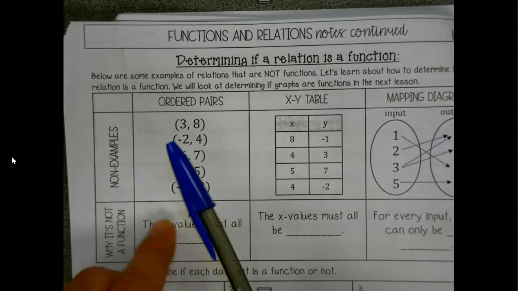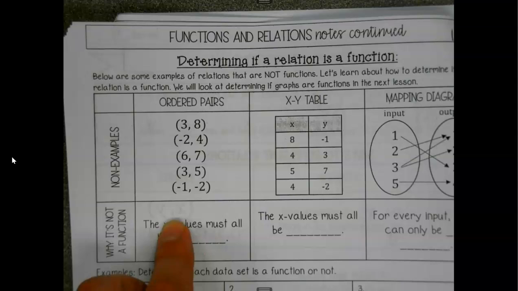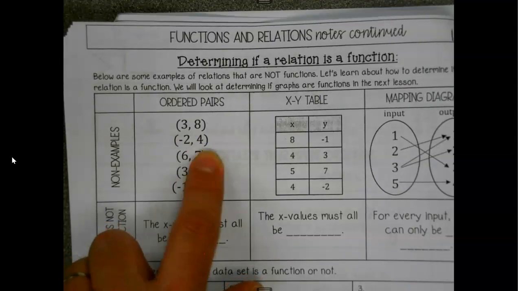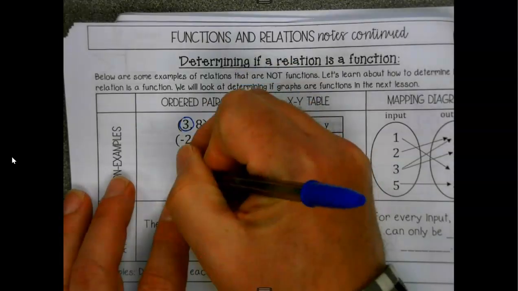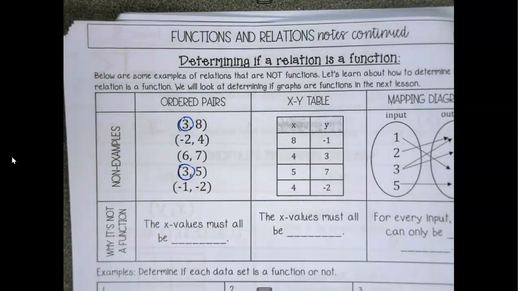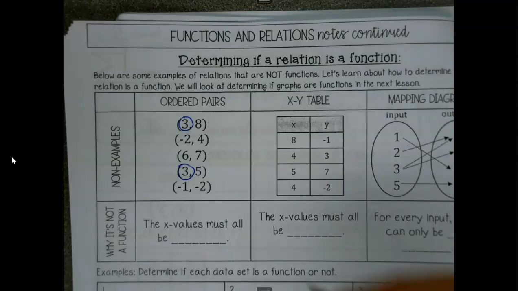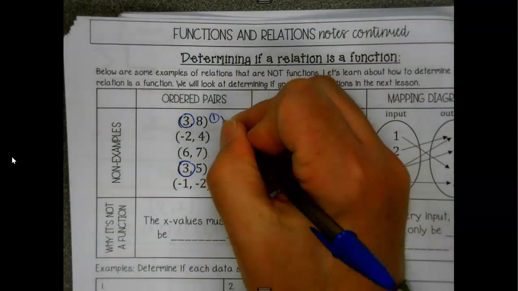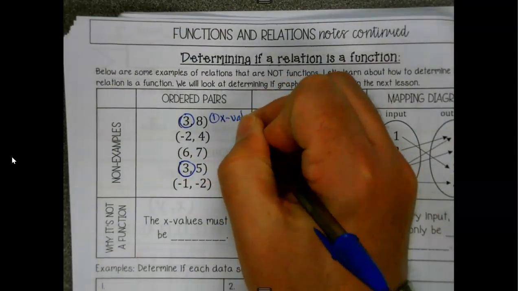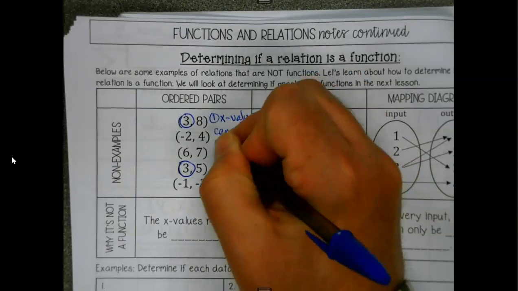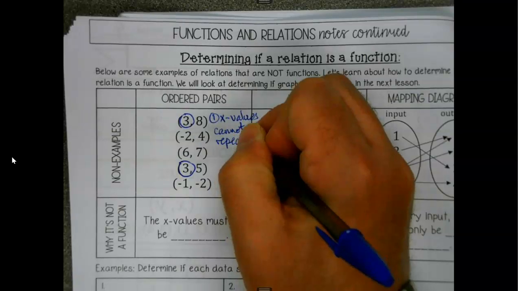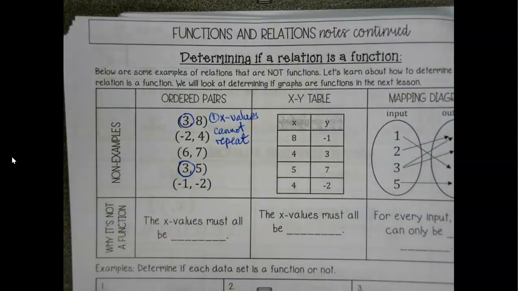Okay, so here, ordered pairs, you're like, well, what's 1 for 1? You know, what's the big thing? 2 ways when you're looking at an ordered pair, okay? Number 1, your x values cannot repeat. You're like, well, okay, what's the big deal about that? It's still 1 for 1.